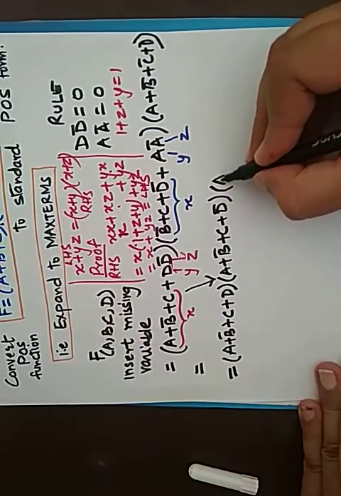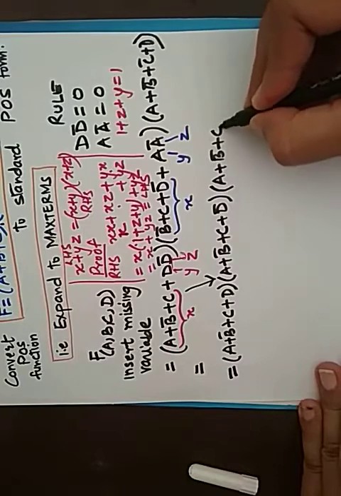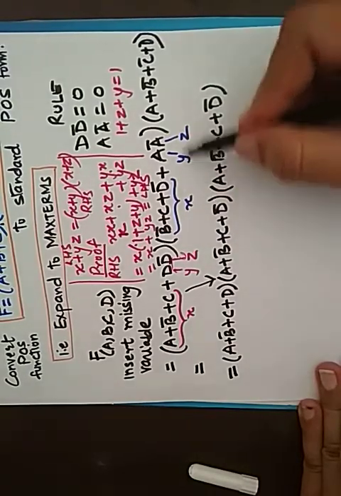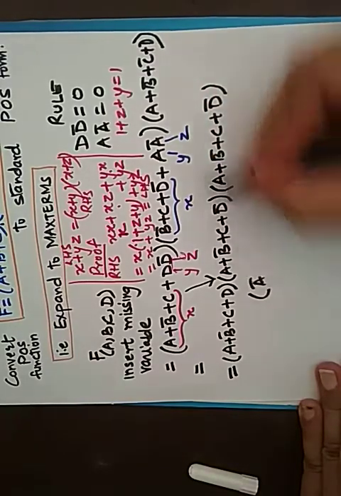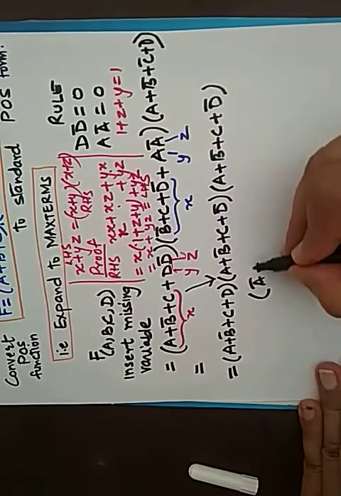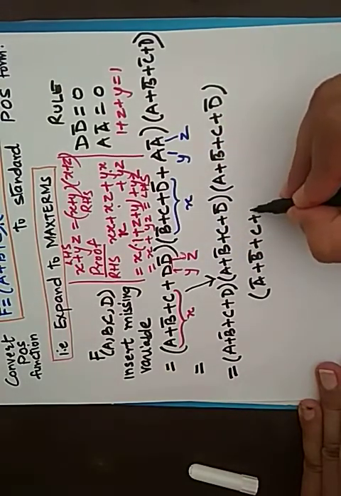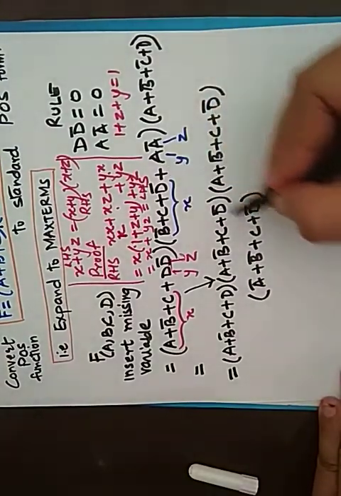So I will write it in the correct sequence, a plus b bar plus c plus d bar. The second term will be x plus z. So that term will be, again I am writing a bar first, a bar plus b bar plus c plus d bar. That converts your second term.